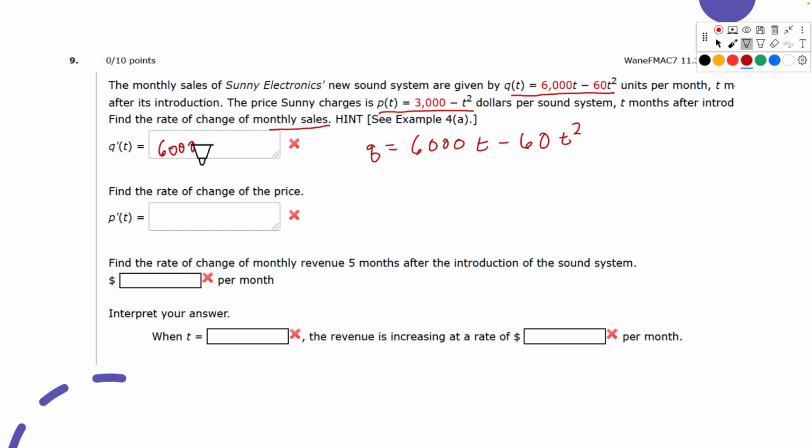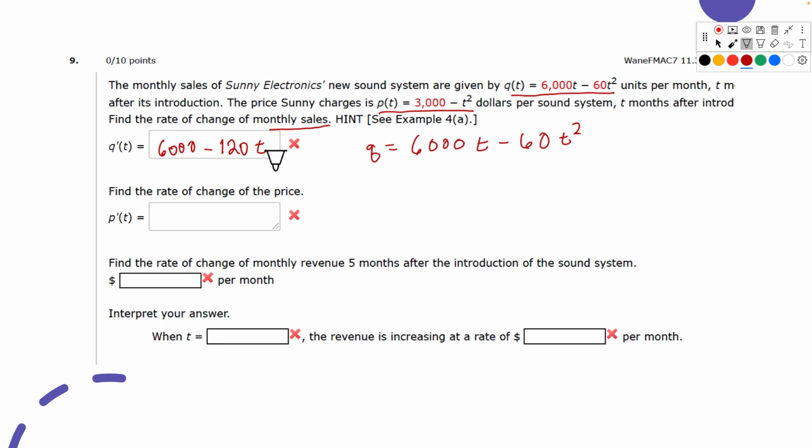The t is now t to the 0 power, which is 1. It's gone away. It's not 0, it's 1. Whenever we have something to the first power, it's just the coefficient. So that's that first derivative. The second part, the 2 comes down. So we're going to get negative 60 times 2, which is negative 120t to the first power. So that's that derivative.